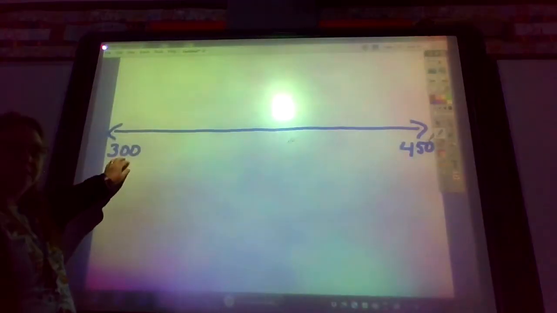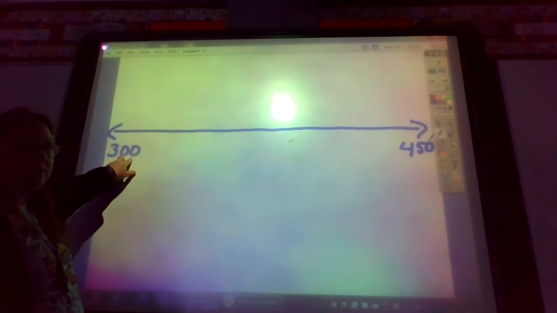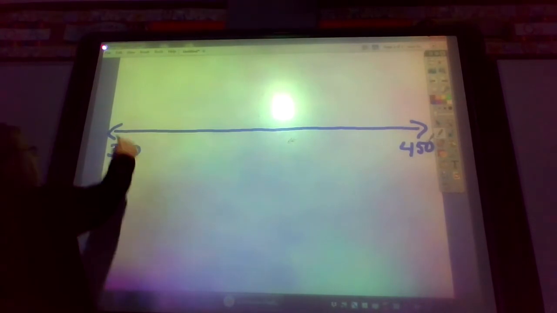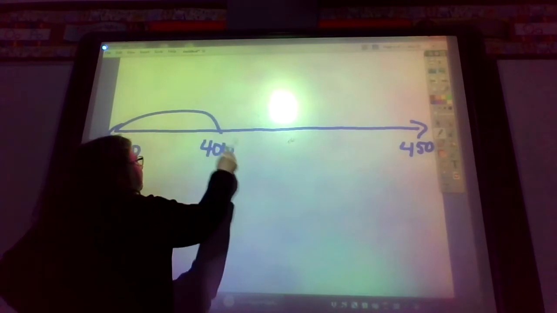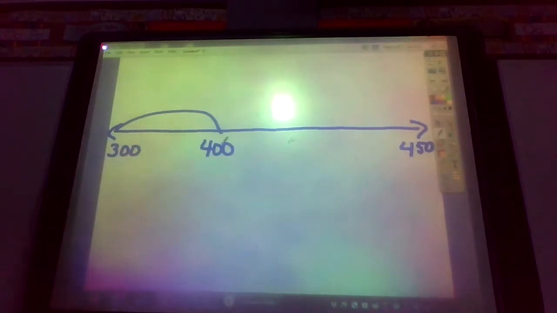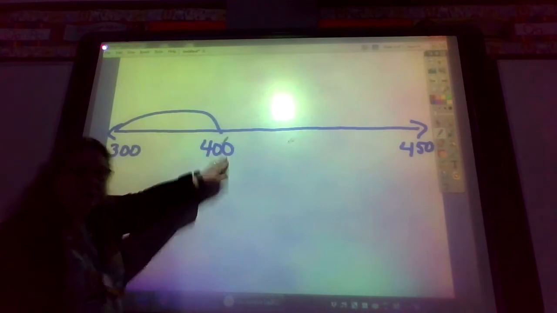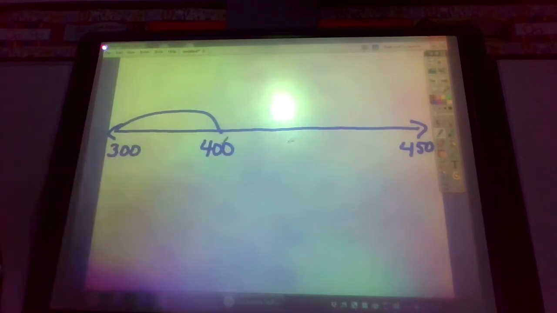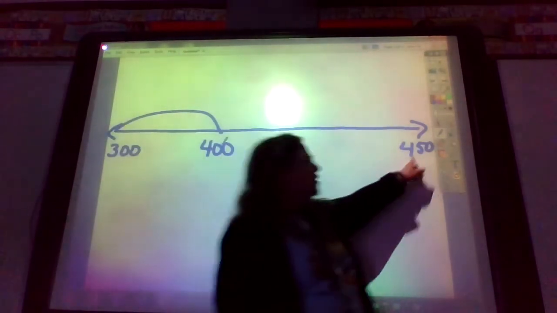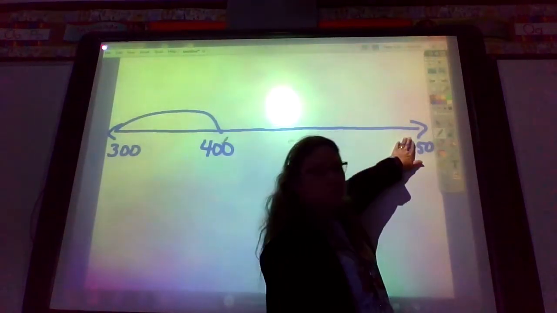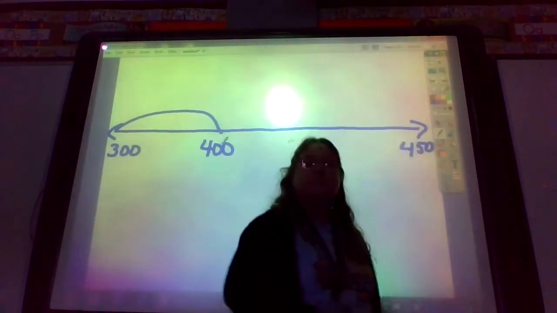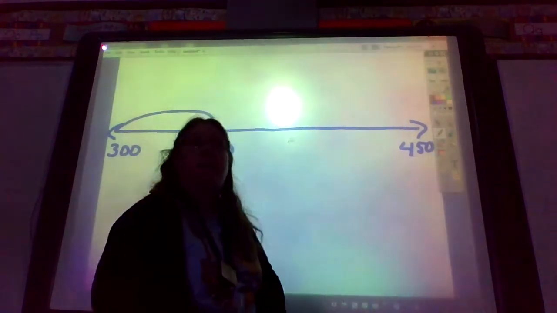Well, this is a hundreds number. So I'm going to jump by 100 because this is a hundreds number. 300, it's a bigger hop, to 400. I got from 300 to 400. That's my hundreds hop. But I got to get to 450. If I don't look at the 4, my 50, that is a tens number. So I'm going to hop by tens.